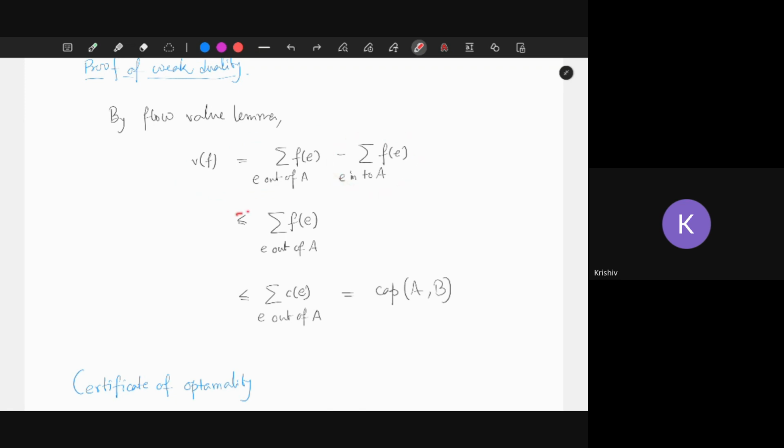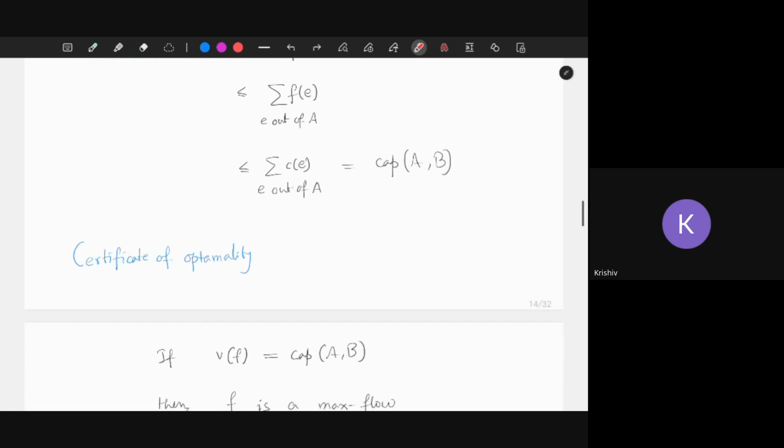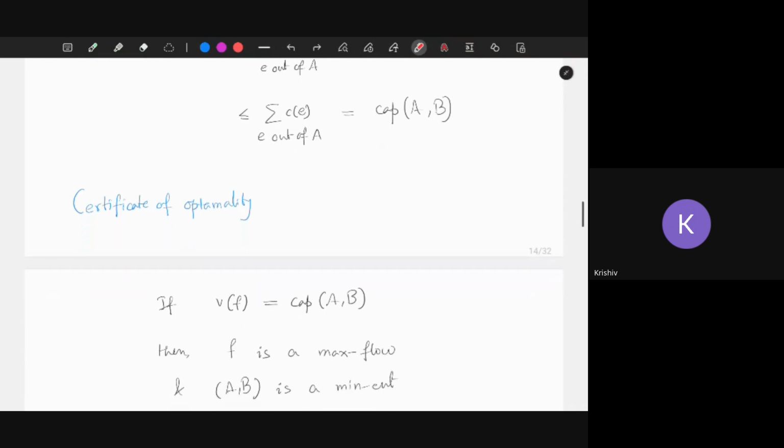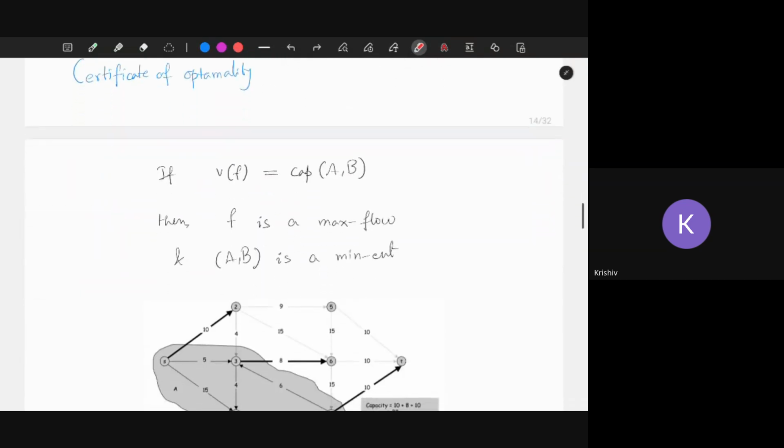You take less than or equal to, and because flows are bounded by capacities, you get another inequality, and this is the capacity of the cut. I hope these are clear. If you have any question, you can let me know.